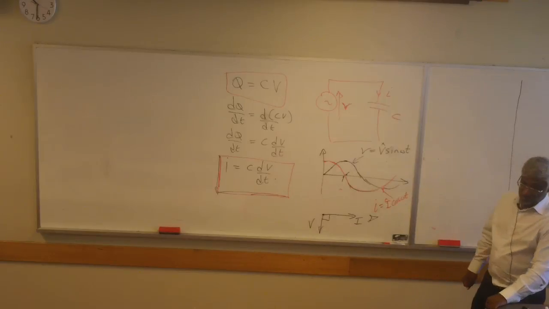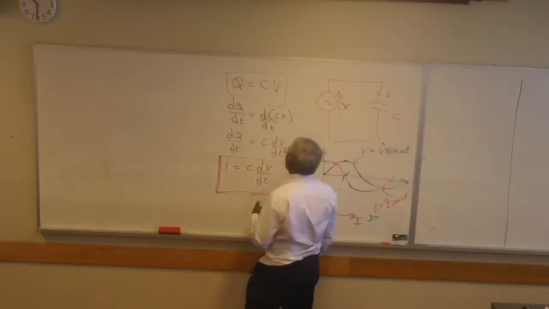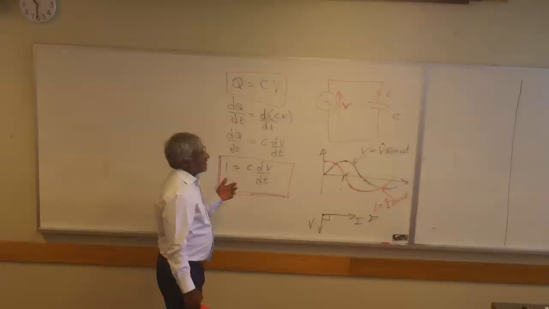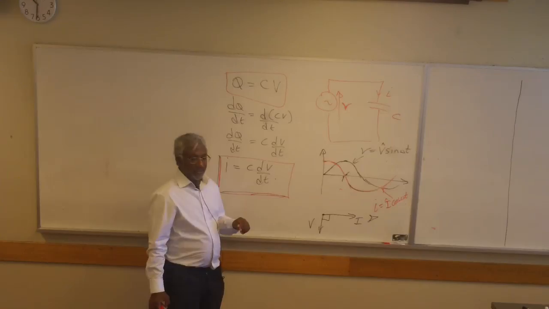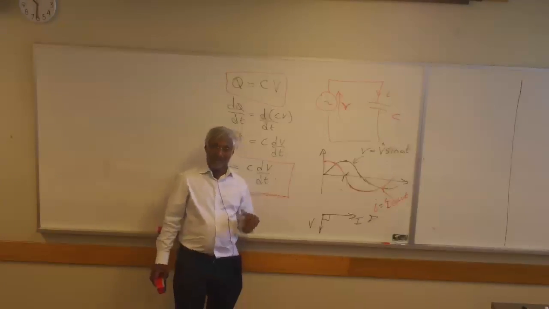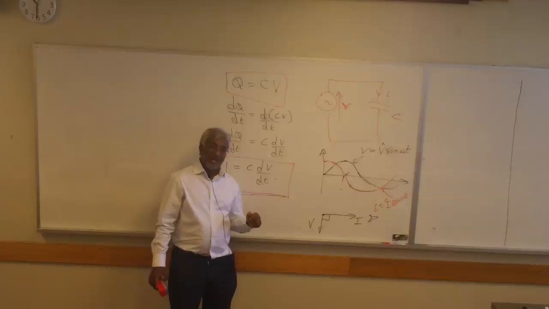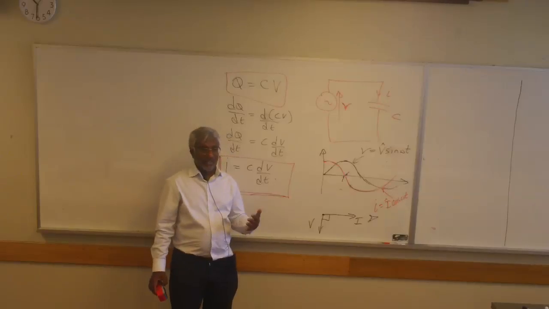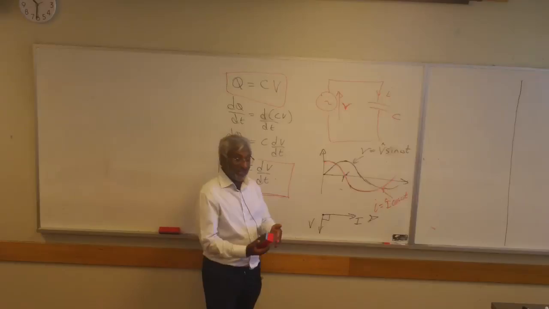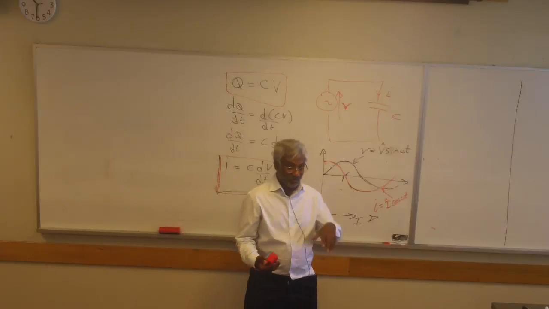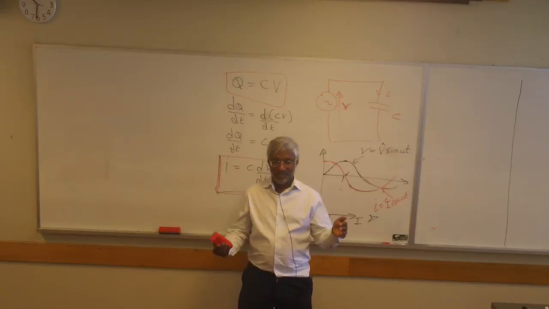So, inductance. I did capacitance first because it's a little bit easier to understand. People realize that matter is made up of charges. All matter, every bit of matter, is made up of positive and negative charges. We can separate those and keep them separate by putting an insulator in between the positive and negative charge.